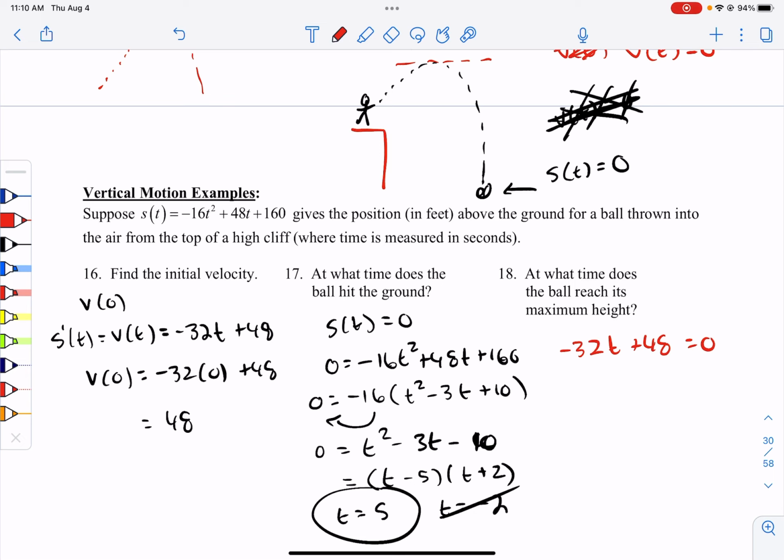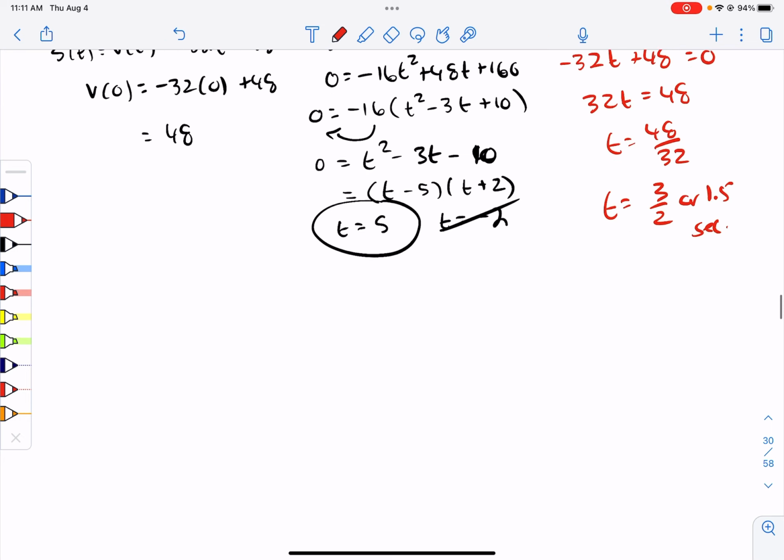So that means that 32t has to equal 48. That means t equals 48 over 32, so t equals 3/2 or 1.5. So at 1.5 seconds, the ball is at its maximum. It takes 1.5 seconds to go up, and then 3.5 seconds to go all the way back down and hit the ground.